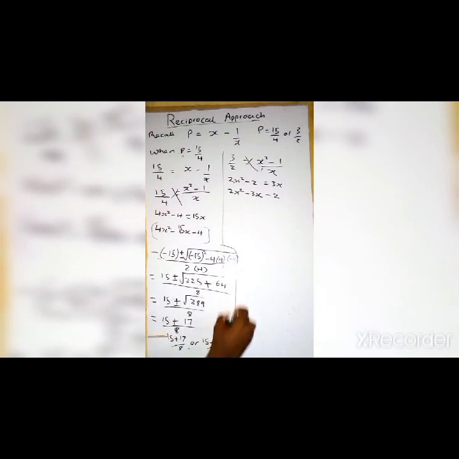So I have 15 plus 17 over 8, or 15 minus 17 over 8, of which I will get two answers for x here. x1 equals 15 plus 17, that's 32 over 8. I have 4, x1 can be 4.